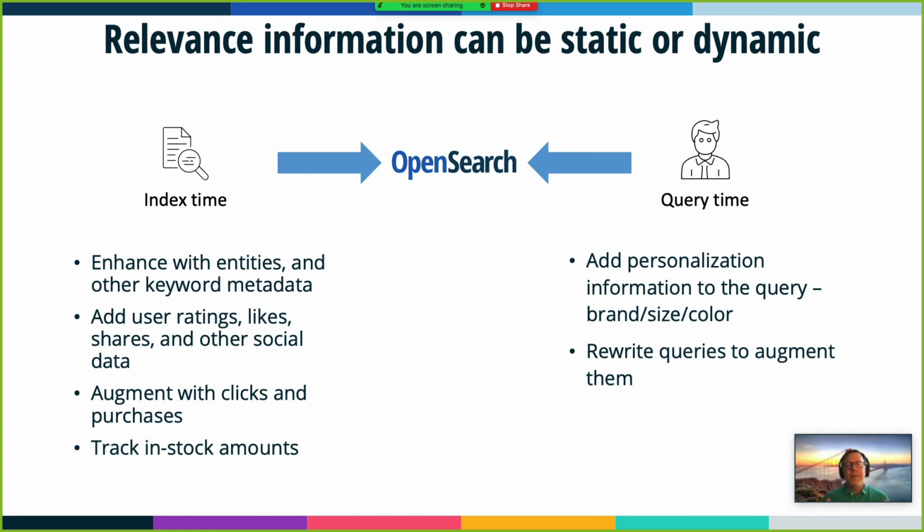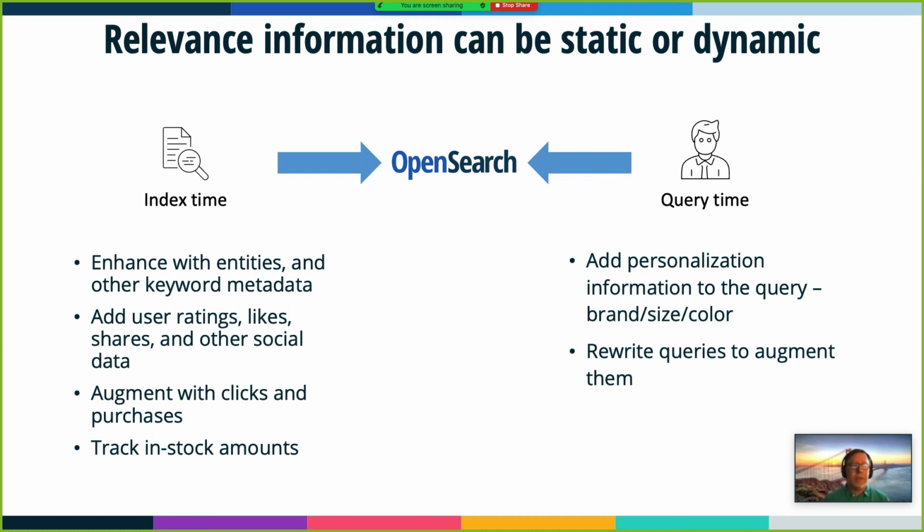The relevance information can be either static or dynamic, right? This corresponds to the 2 different timeframes where OpenSearch is actually interacting with the data itself. So at index time, the application and you will actually know certain things about your documents and your data set. So you can enhance documents with entities. You can do entity extraction to provide additional targets for matching.